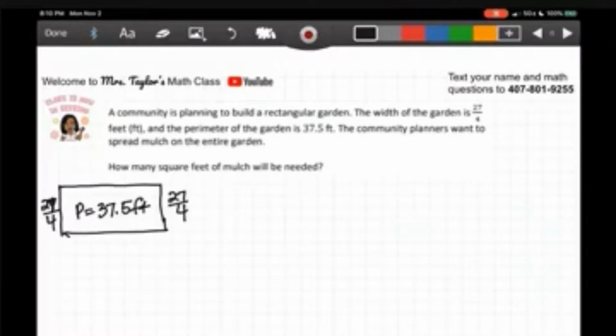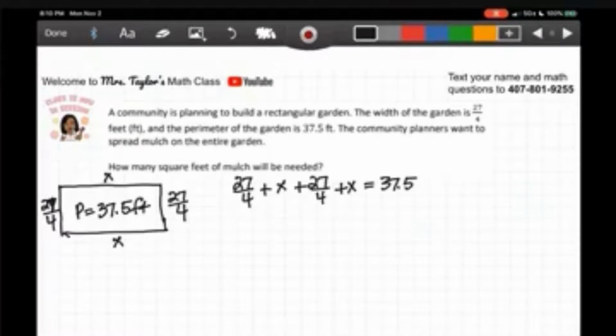And the community planners want to spread mulch. Okay, so what is the length? And I'll represent it with x again. So again, we are going to be adding up everything. So it's going to be 27/4 plus x plus 27/4 plus x is equal to 37.5.